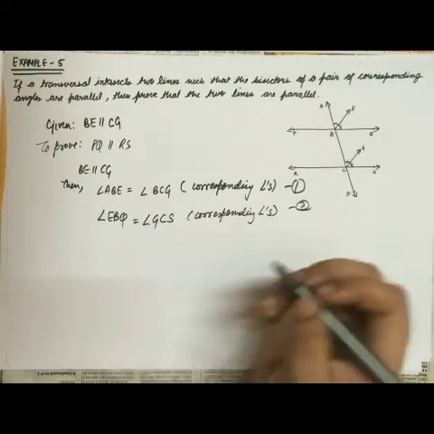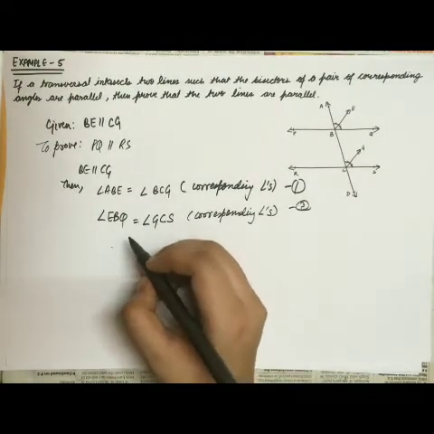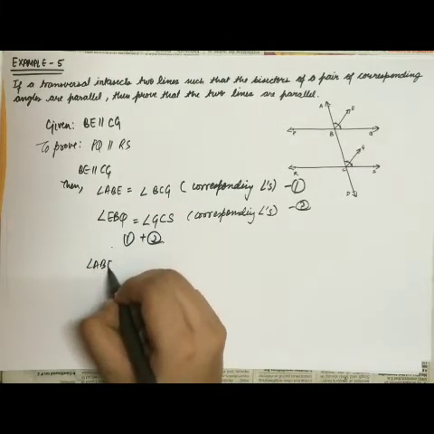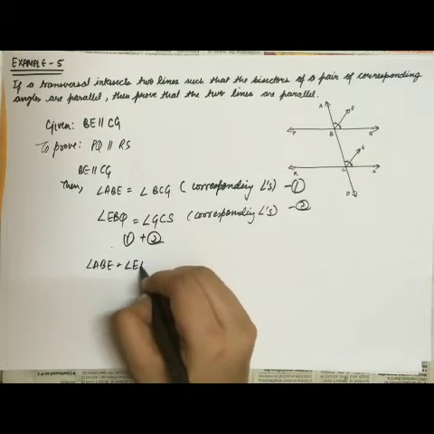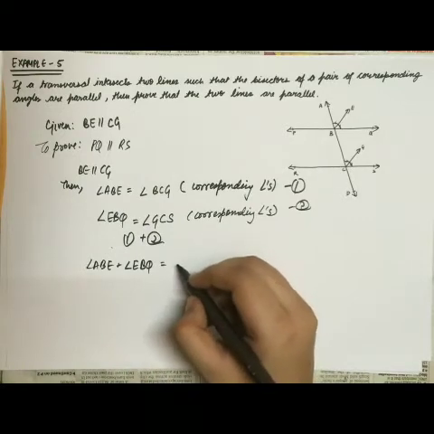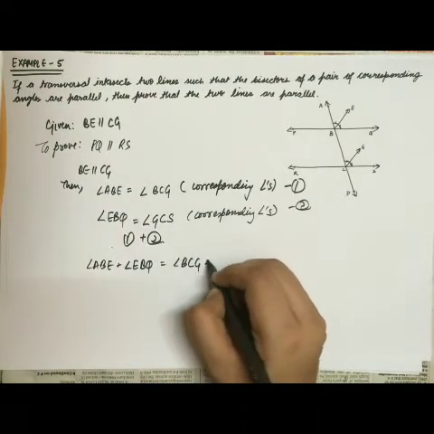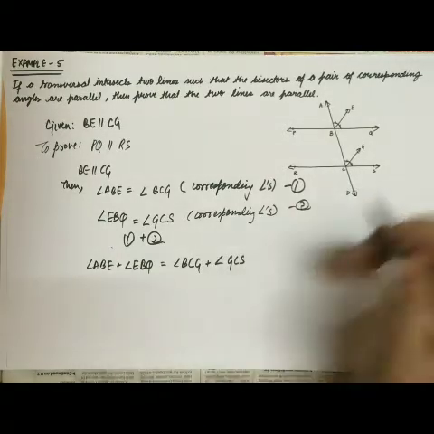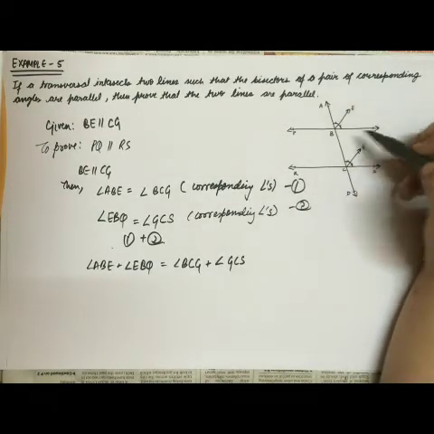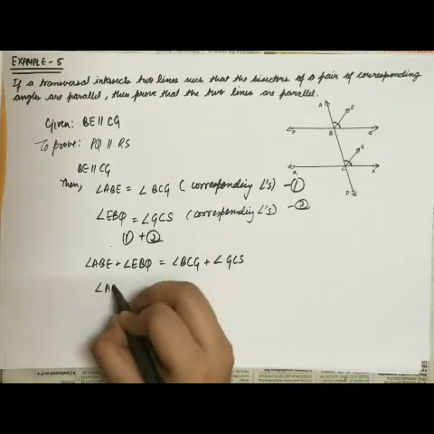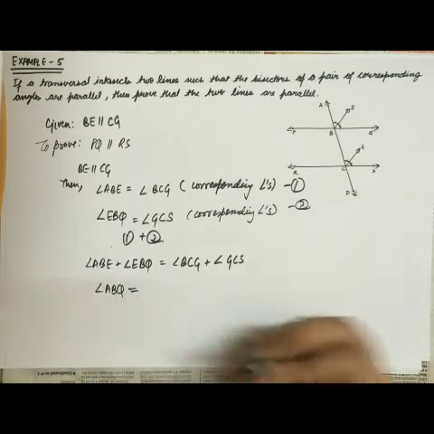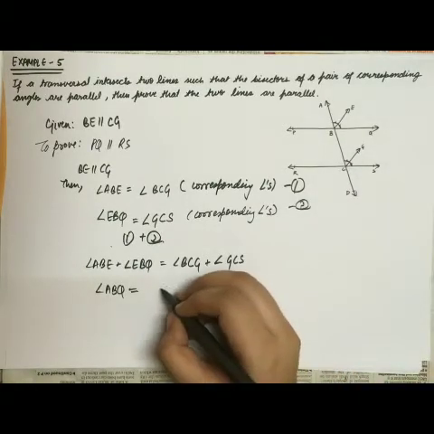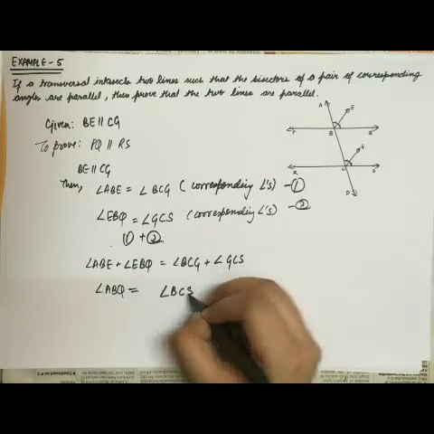Now we will add these angles 1 and 2. Therefore, angle ABE plus angle EBQ is equal to angle BCG plus angle GCS. Now we can see angle ABE plus EBQ is nothing but angle ABQ, which is equal to BCG plus GCS, which is nothing but angle BCS.